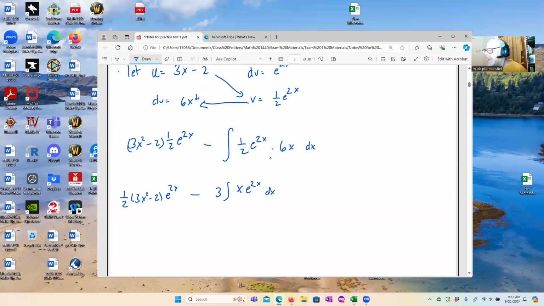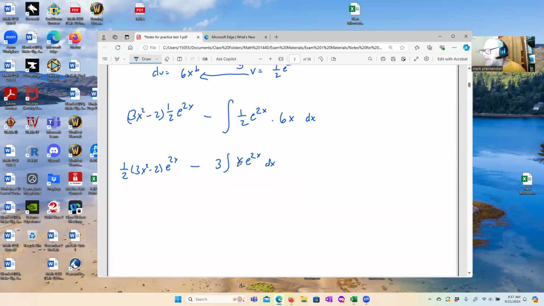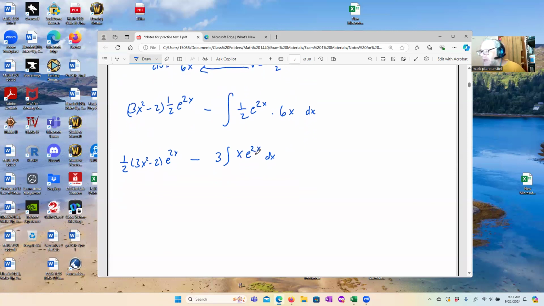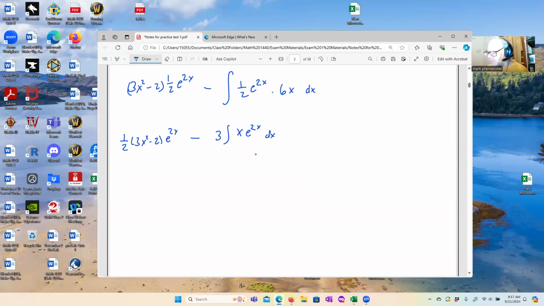And then you say to yourself, oh, shoot, we have a polynomial x times an exponential. We have to do integration by parts again. So we're going to have 1/2 (3x squared minus 2) e to the 2x minus 3 times, and then we're going to do integration by parts.